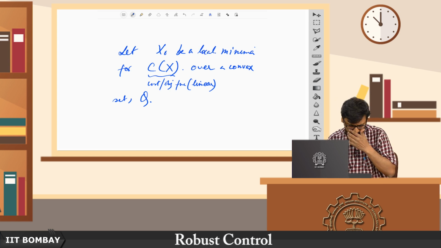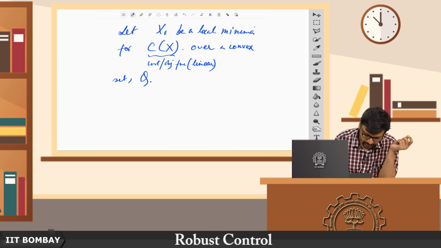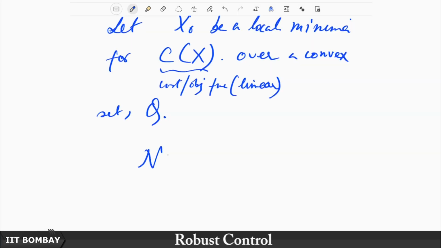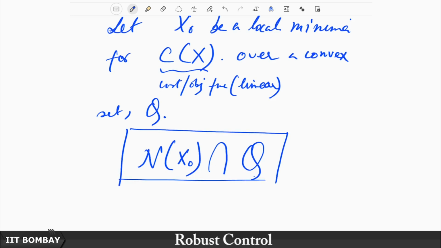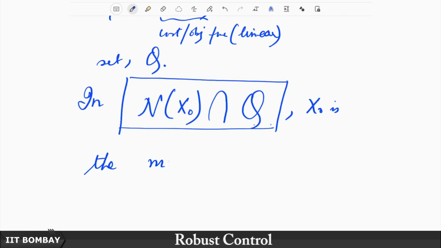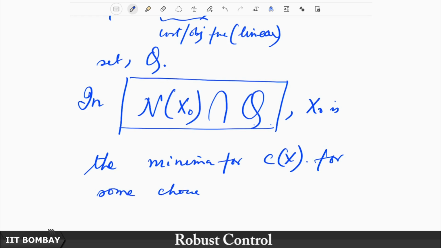What does this mean in terms of the sophisticated language that we have learned? It just means that if you cook up a neighborhood around x naught, and if you take its intersection with this set Q, yeah, so that means in this particular set x naught is the minima for Cx, for some choice of neighborhood.